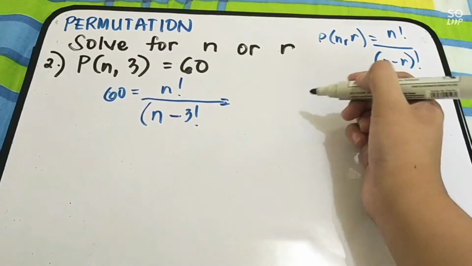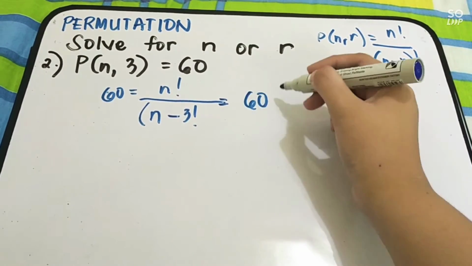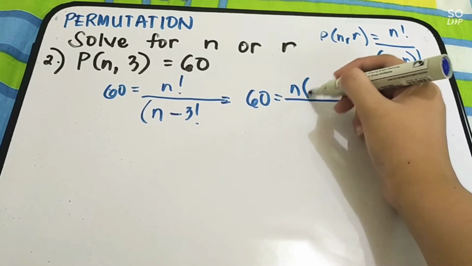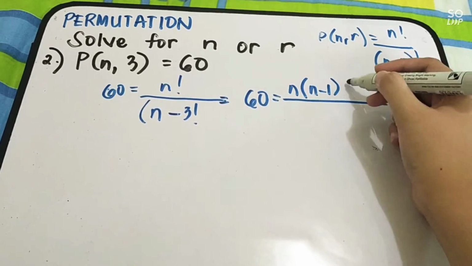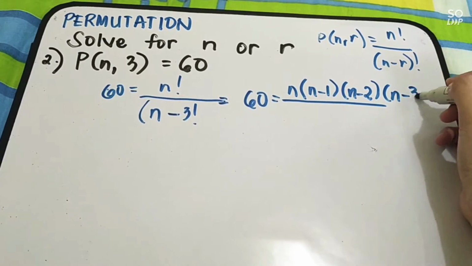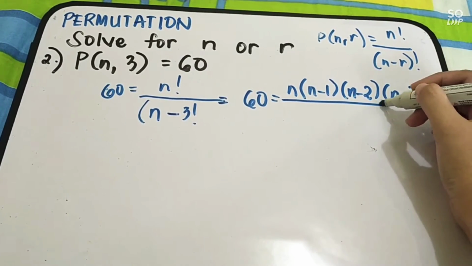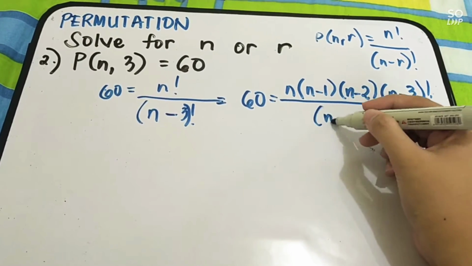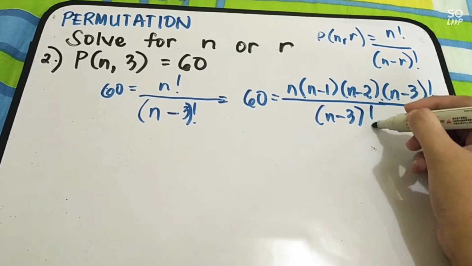Then next, we have 60 is equal to n factorial, meaning n times n minus 1 times n minus 2 times n minus 3 factorial. Then this one, just copy n minus 3 factorial.